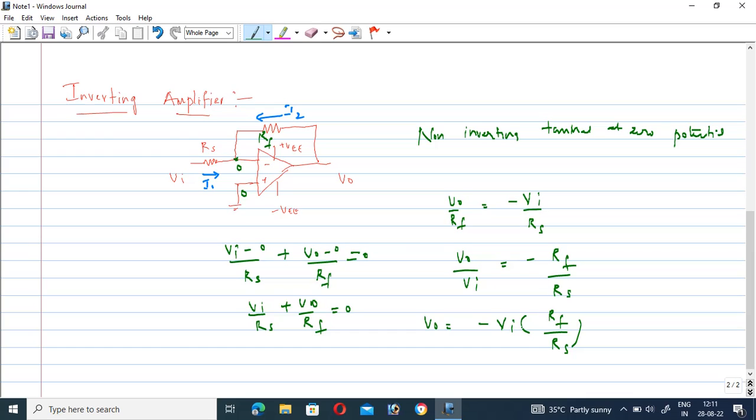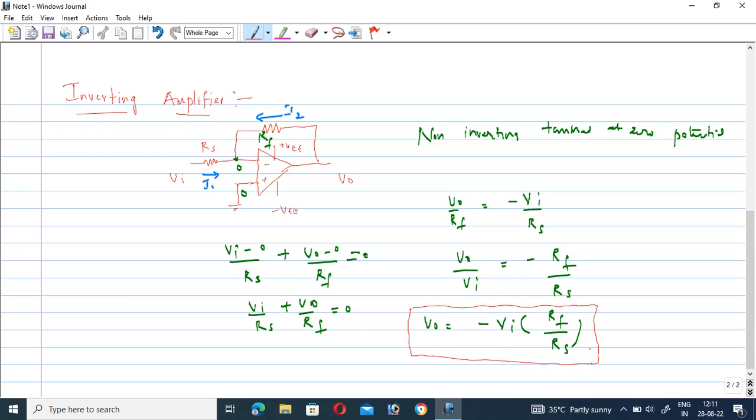From this we can also conclude some points. From this equation, the output voltage is the multiplication of the input voltage and Rf by Rs.